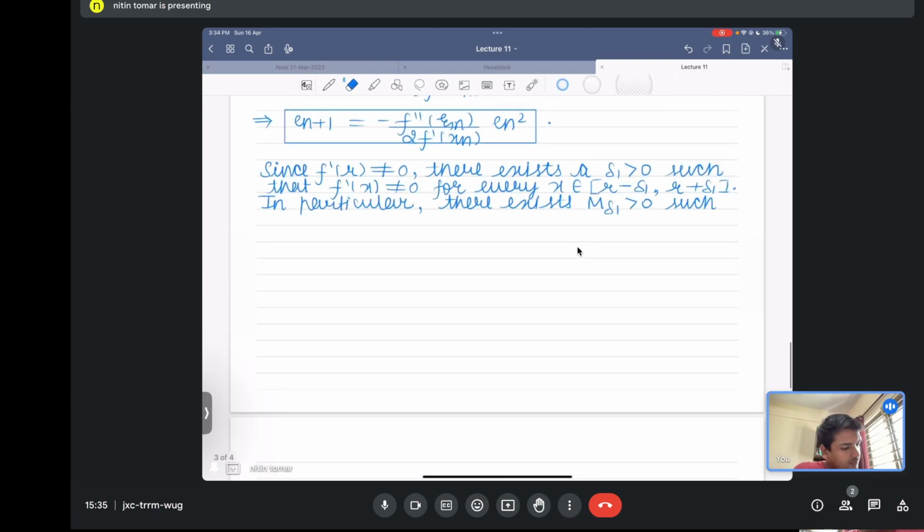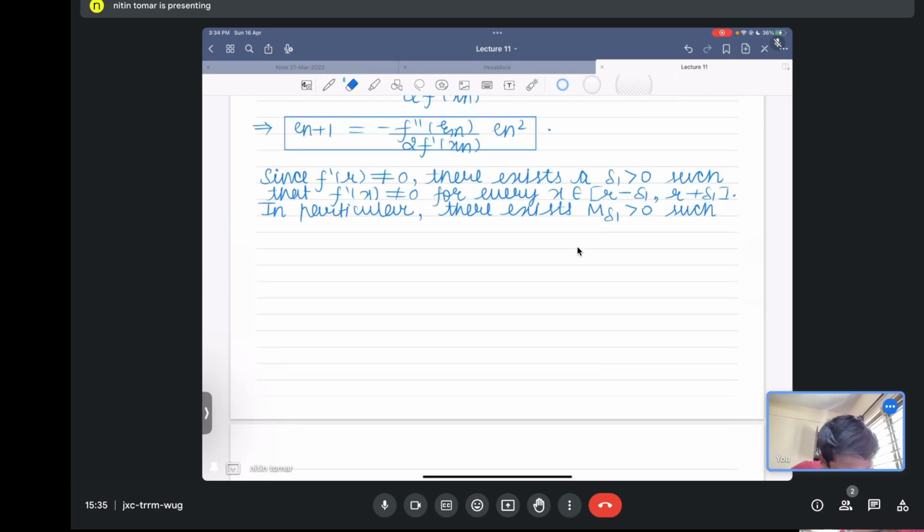Yeah. So in particular, there exists a constant such that the minimum of this function, mod of f prime x over this interval r minus delta 1 to r plus delta 1, this minimum will exist.